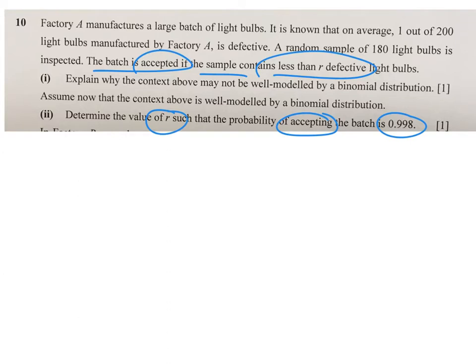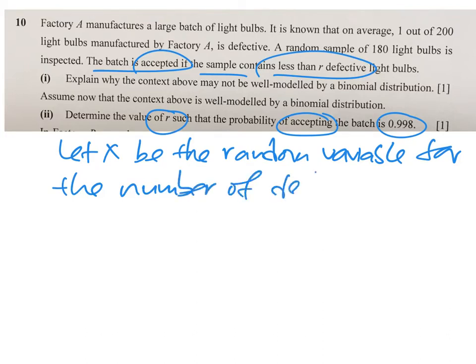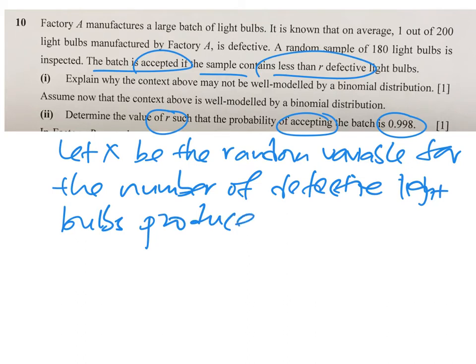We can let X be the random variable for the number of defective light bulbs produced by factory A.